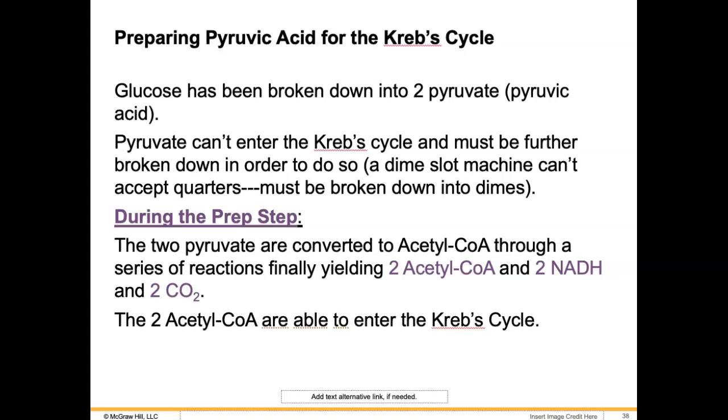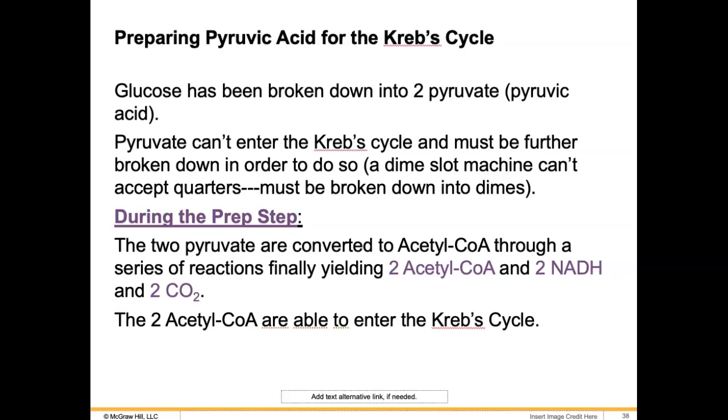The two acetyl-CoA molecules are then able to enter the Krebs cycle. I refer to that as the prep step. I don't know that the book calls it the prep step, but it happens before the Krebs cycle and after glycolysis in aerobic and anaerobic respiration.